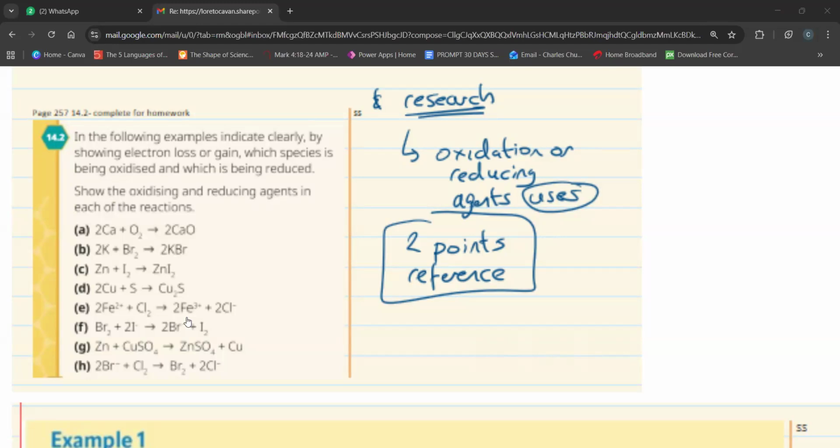Okay. So when you are doing it, did you fulfill all the aspects of the question? Did you meet all the requirements of the question?